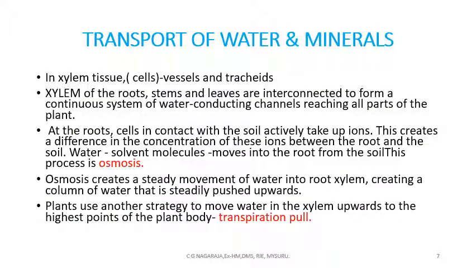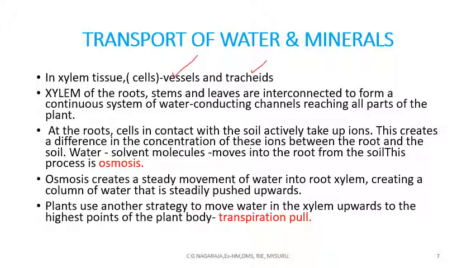Now, I explained to you already the movement of water in the xylem tissue, in the vessels and the tracheids, or the cells, and they continuously move through the channels.